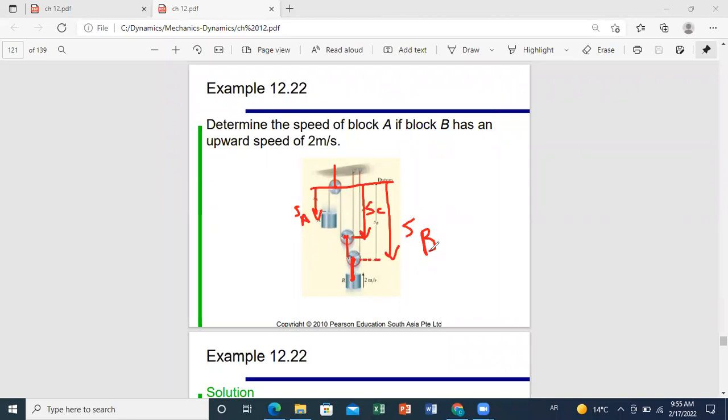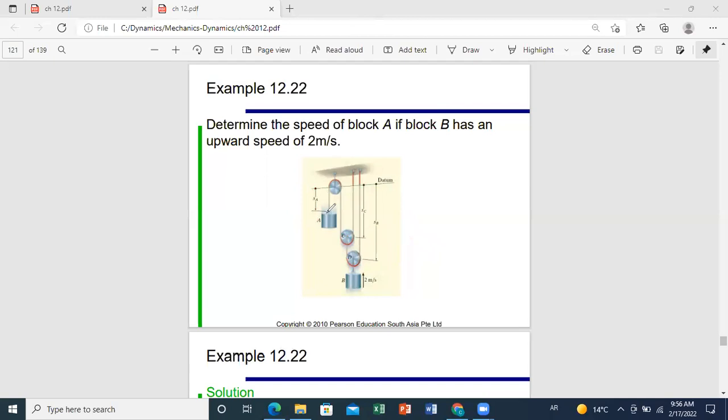This is your first step. Once you are done with setting the coordinates of your system, you can move to the next step. The next step is to identify how many chords you have and to write their total lengths as a function of your position variables SA, SB, and SC. So let us start to follow the first chord.